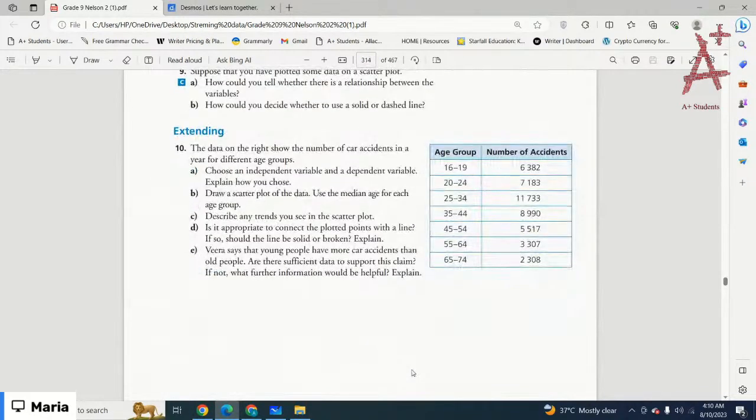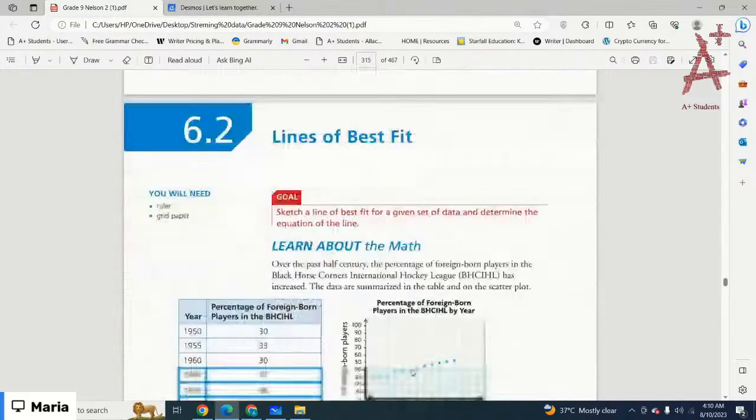Let's just start with the next lesson, and the next lesson is lines of best fit.